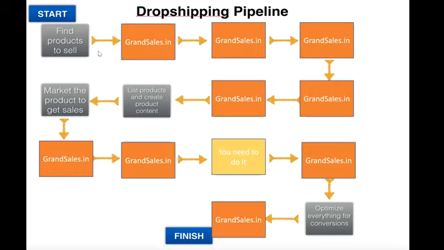Same with the listings. The platform can list the products automatically just by you pressing a button, but maybe you'll want to do some changes. And also with the marketing and everything. The only thing that you need to handle, and it's always yours, is the customer support.